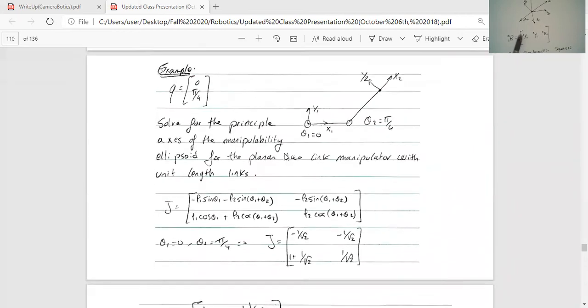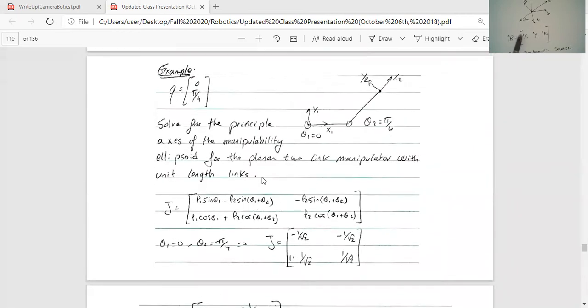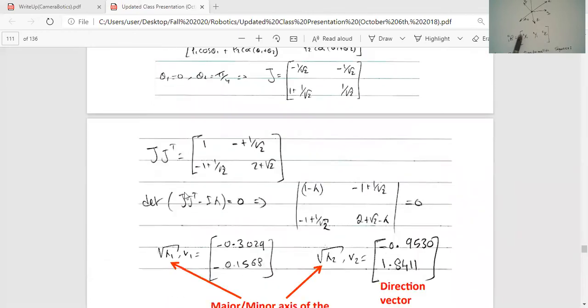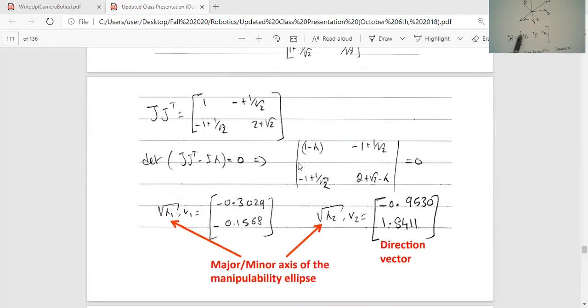I have a very small example here. Again, I ask you, for example, to find the ellipsoid for a particular position of the robot, and you have to find the eigenvalues, and I'm pretty sure most of you know how to do that, and you are expected to, because linear algebra is a prerequisite here. Very basic matrix manipulations here. So all you do is find lambda, find the determinant of the matrix minus lambda, and then you can solve for lambda.